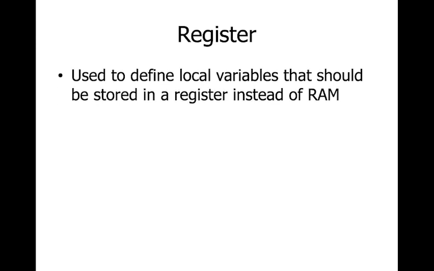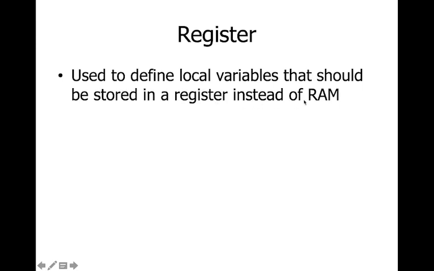So that is automatic. Then the second type of storage class is register. We have already seen registers when we learned the first module, about the CPU and all. It is used to define a local variable that should be stored in a register instead of RAM.